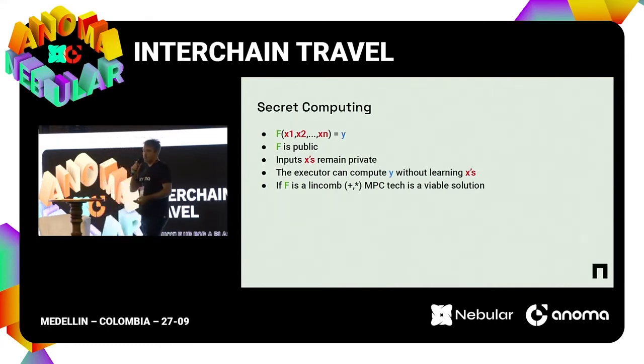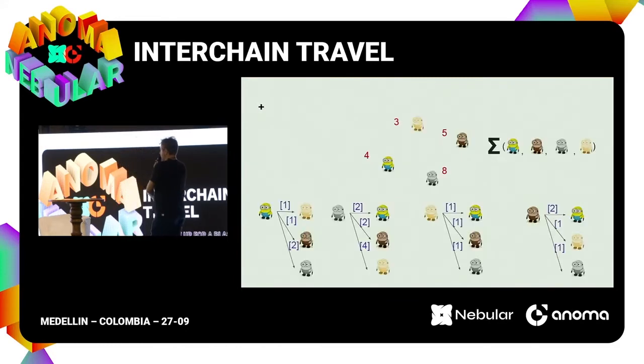So if f is a linear combination, some technology that is called multiparty computation can provide a very viable and efficient solution to the problem. So on a high level, suppose that you have those 4 minions, and they have some integer values that they want to keep private, and they want to compute some aggregate function like the sum.